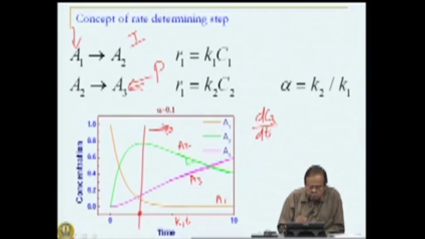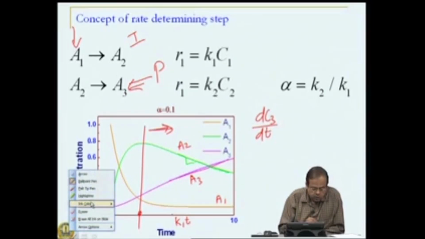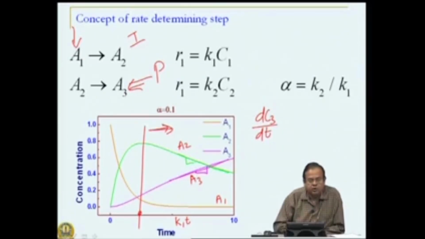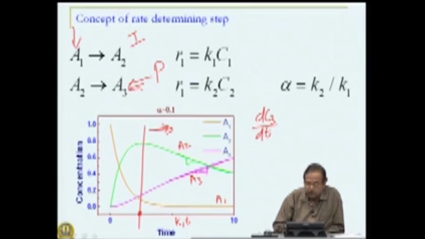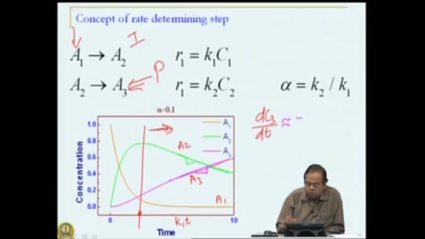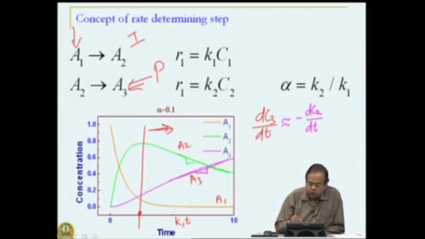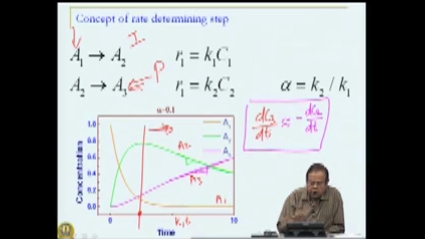That is, this slope is in magnitude the same as this slope, only the signs are different. Or in other words, dC3/dt is almost equal to minus dC2/dt, because A2 is being consumed. So, we have to put a minus sign there. Okay. So, this is what happens when alpha is 0.1.